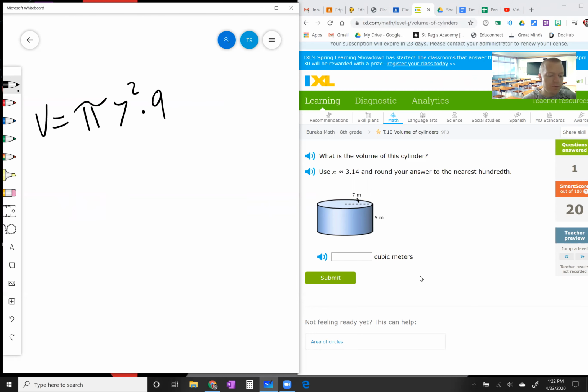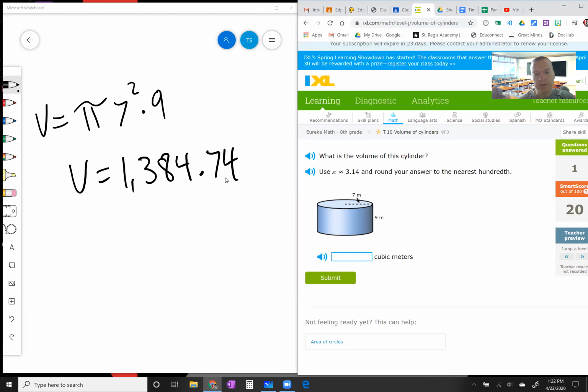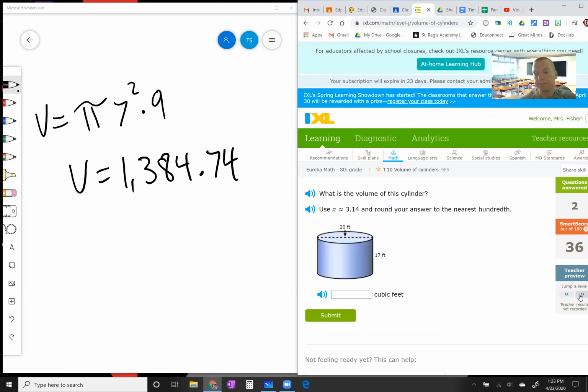So 3.14 times 49. Take that times 9, and we get our volume equals 1,384 and 74 hundredths. It says round your answer to the nearest hundredth. Well, it's already rounded, so 1,384.74. Okay, let's go to a harder one.